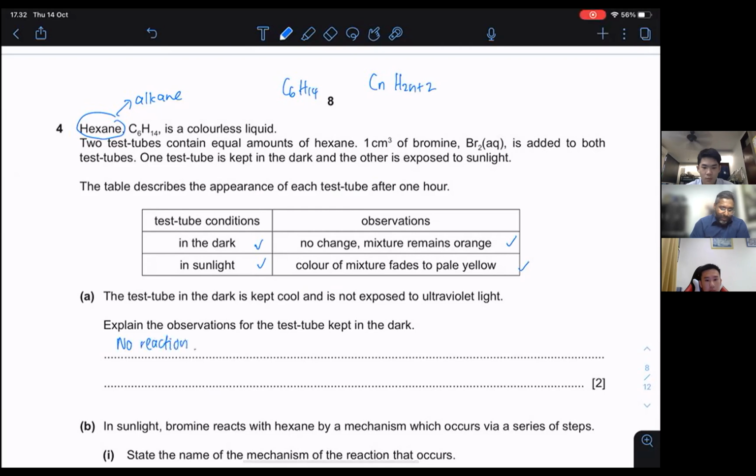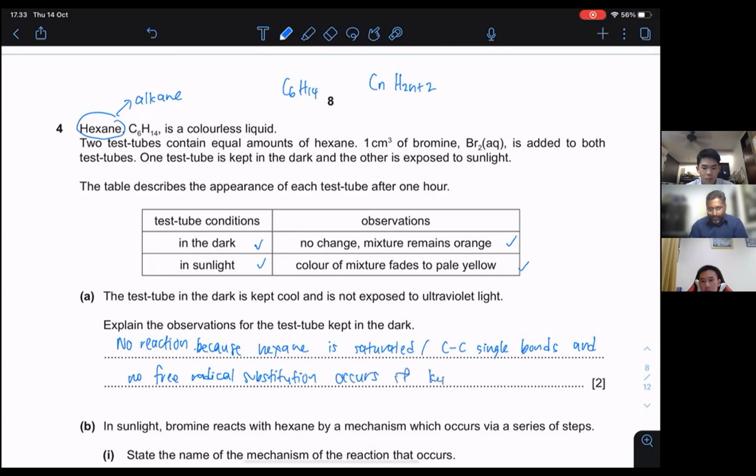No reaction because hexane is saturated, or contains carbon-carbon single bonds, and no free radical substitution occurs if kept in the dark. This will be my answer.